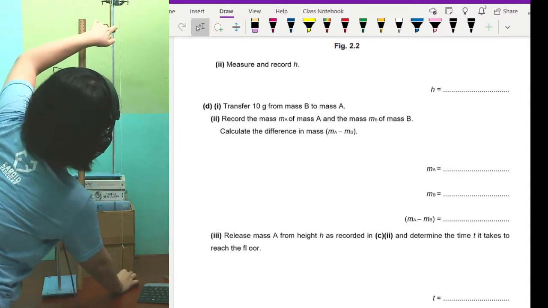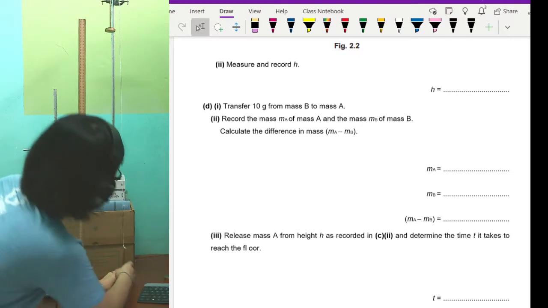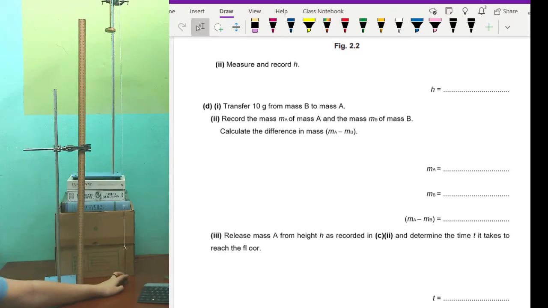Alright, so I'm going to adjust this to make sure it stays in place. Okay, so I guess that could be the first reading. Alright, and I'll make sure I leave my hand out of this. Okay, second reading, number 2. Let's go. Oh, that was perfect.